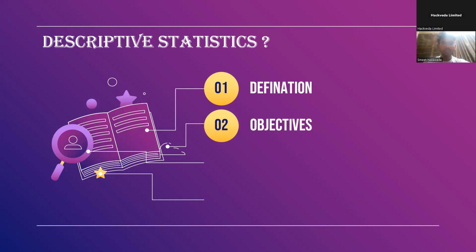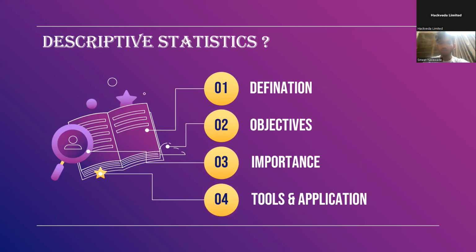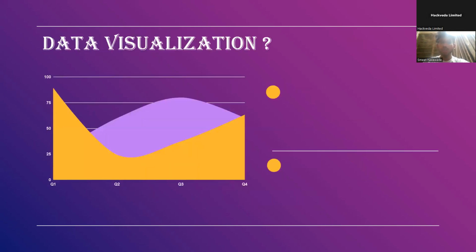So let's understand the descriptive statistics. First is the definition, second is the objective, third is the importance, and the fourth is tools and applications. So what is data visualization?